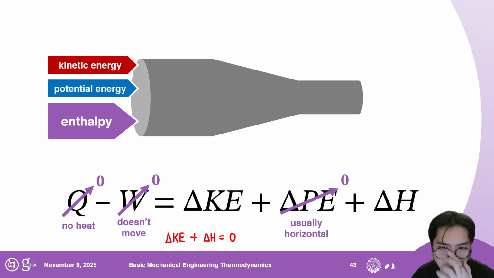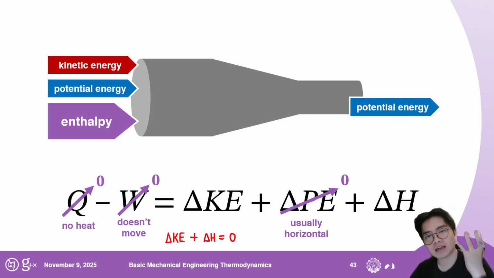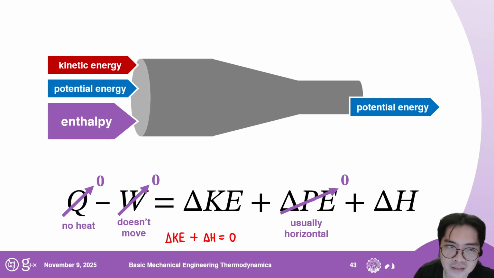And now notice, the change in PE is 0, which means the potential energy is the same. But because the area gets smaller, it makes sense that the fluid inside will travel faster, and that means the kinetic energy rises.